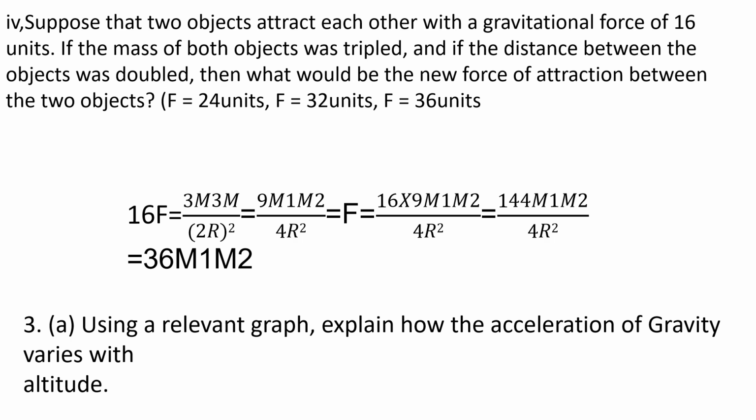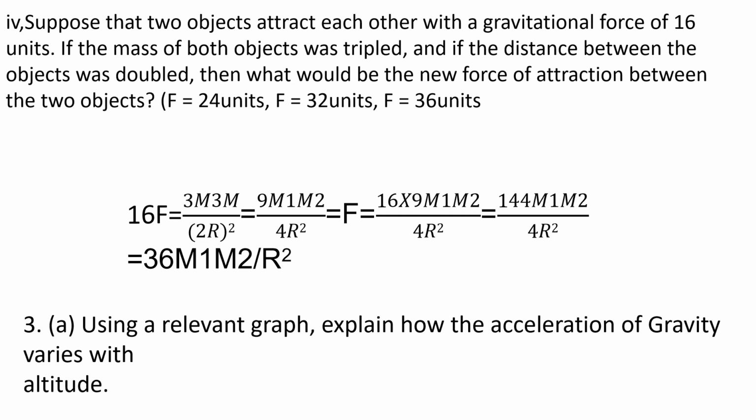So first we must read this question as it is. Suppose that two objects attract each other with a gravitational force of 16 units. If the mass of both objects was tripled and the distance between the two objects was doubled, then what will be the new force of attraction between the two objects?